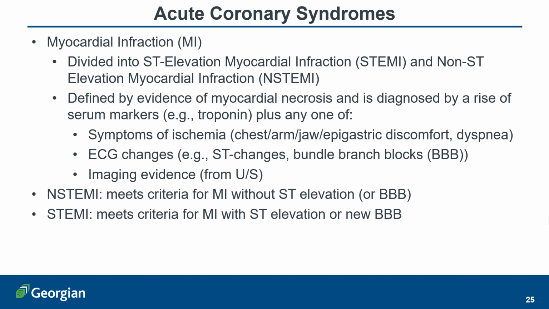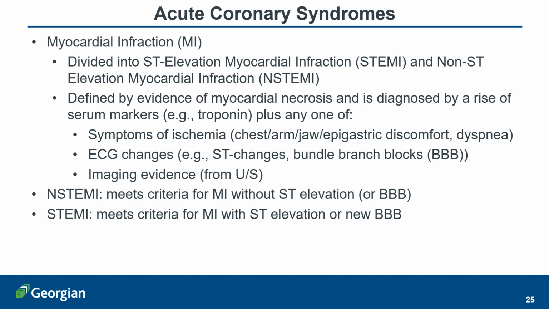Alternatively, if there is a rise in troponin 1 plus ECG changes such as the ST elevation or evidence of a bundle branch block, BBB, then that would be a myocardial infarction. Lastly, if there is a rise in troponin 1 plus evidence from ultrasound imaging, so that there is reduced motility of the myocardium or something along those lines, from an echocardiogram, then that would also be considered a myocardial infarction.